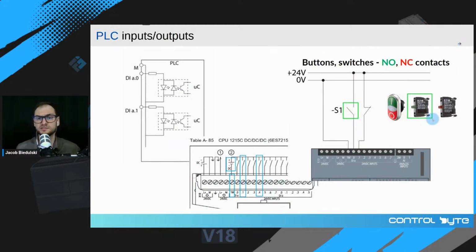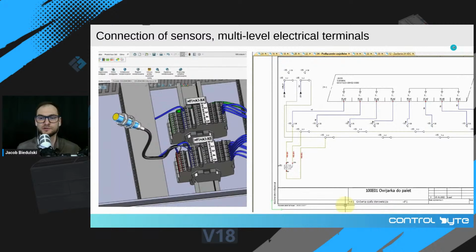You will also learn how to connect different devices to the PLCs. You will learn how the electronics inside the PLC is constructed and why the PLC works the way it does. You will see how to connect the sensors in the 3D model and the 2D schematics.